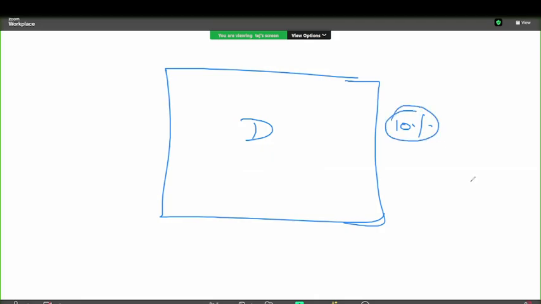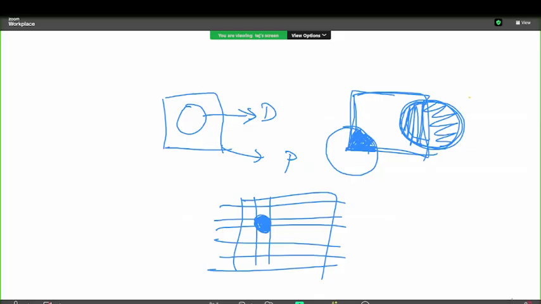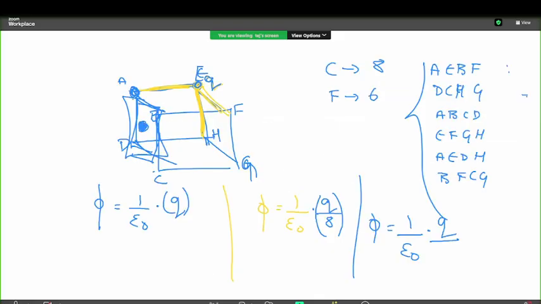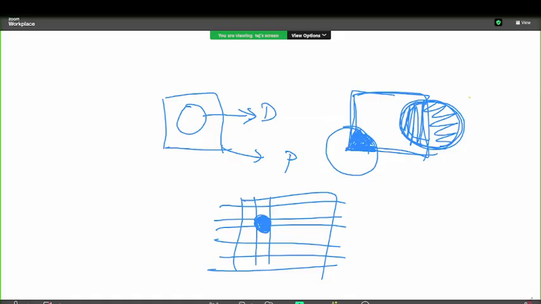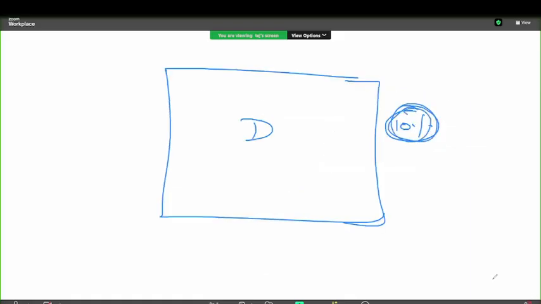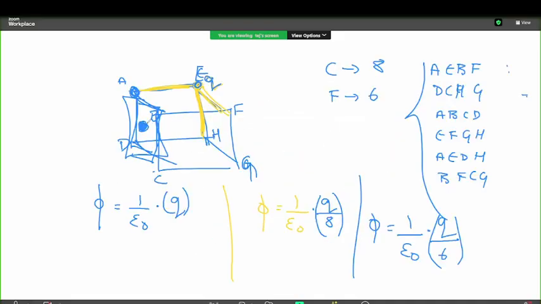Exactly. Which means when you're placing it on the surface here, the charge belongs to one surface. Correct. But totally how many other surfaces? So the answer is Q by 6. So just like your name belongs to 10% of the wall, this charge belongs to 1/6 of the cube.